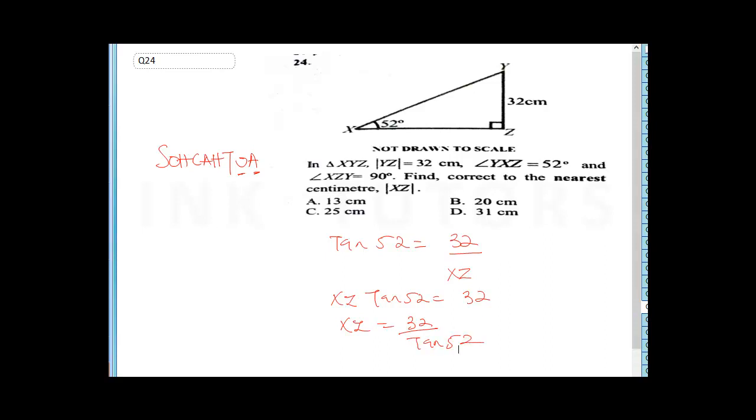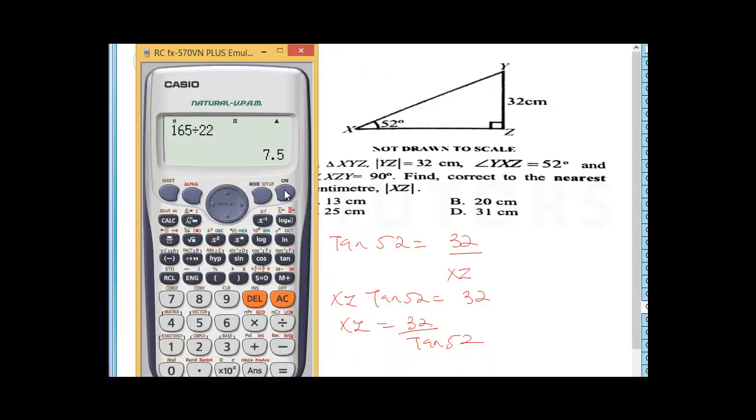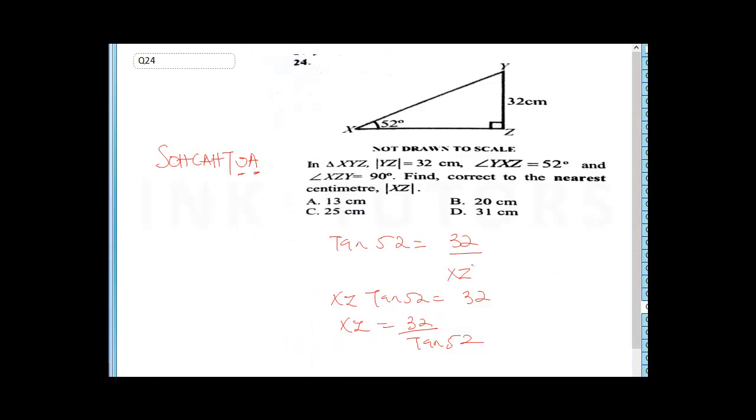I would advise you to just punch this directly in your calculator. 32 divided by tan 52, that will give us 25.00, and we're asked to find it to the nearest centimeter. So our final answer is 25 cm, to the nearest cm.